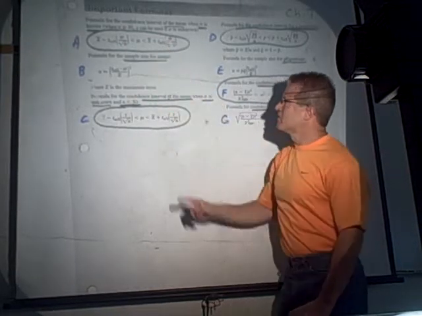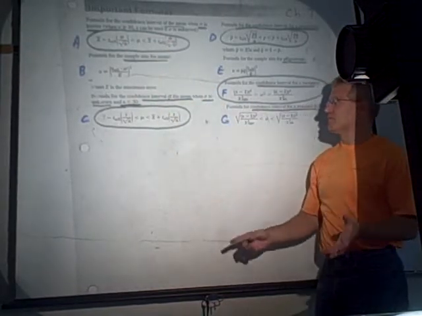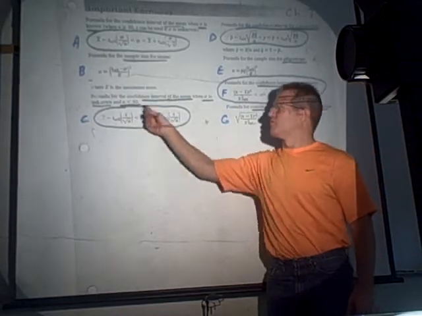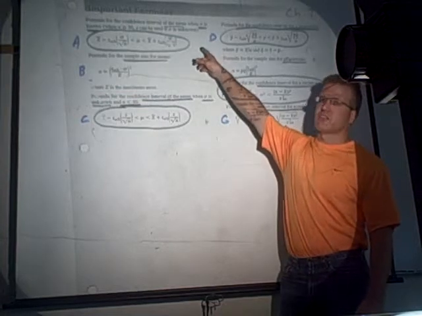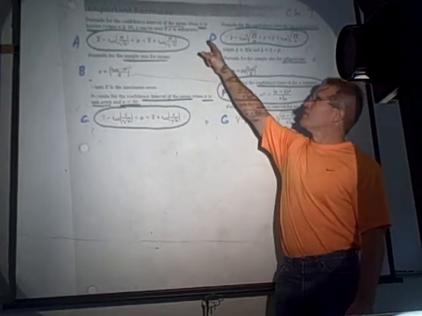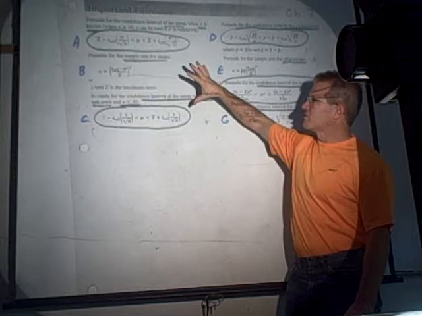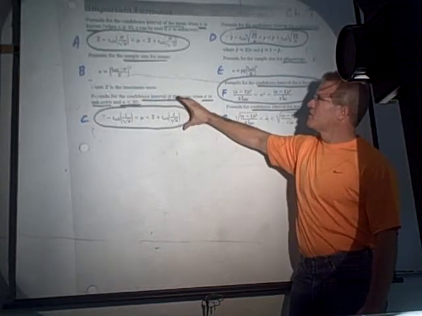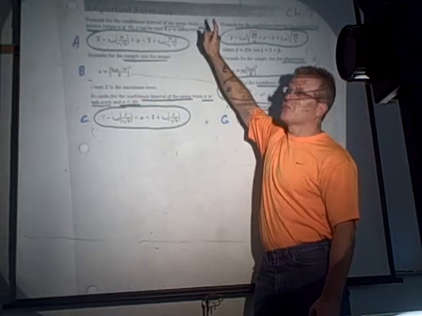Now, let's say you only know the sample standard deviation, and your n is less than 30, then you'd use this one. You have to know the population standard deviation, which normally you don't. But if n is less than 30, you're going to use this formula, unless they tell you the population standard deviation, then you go up and use this formula.